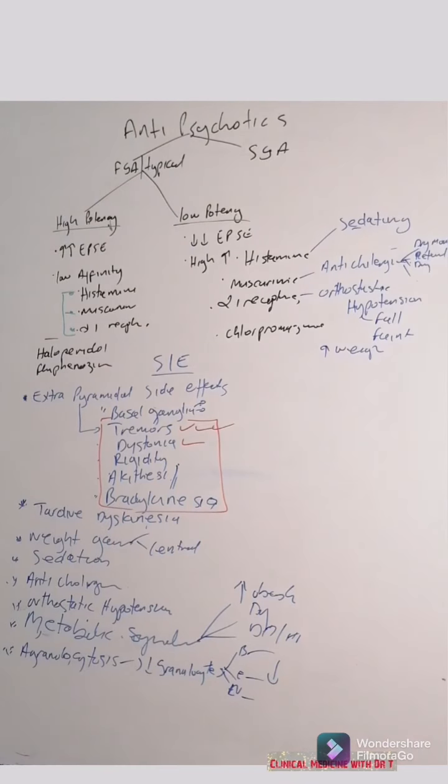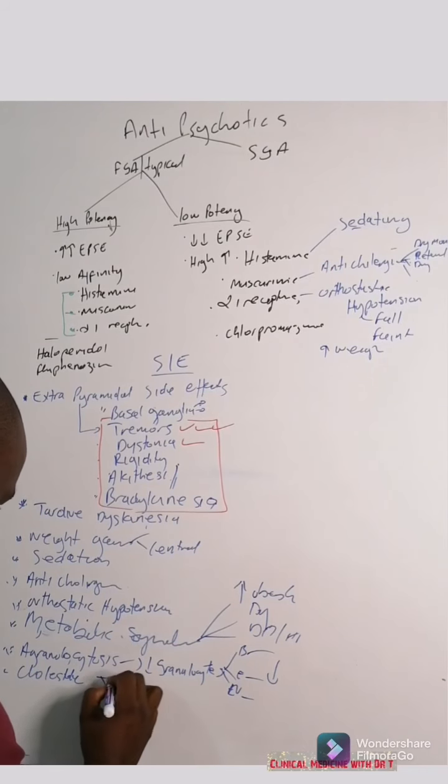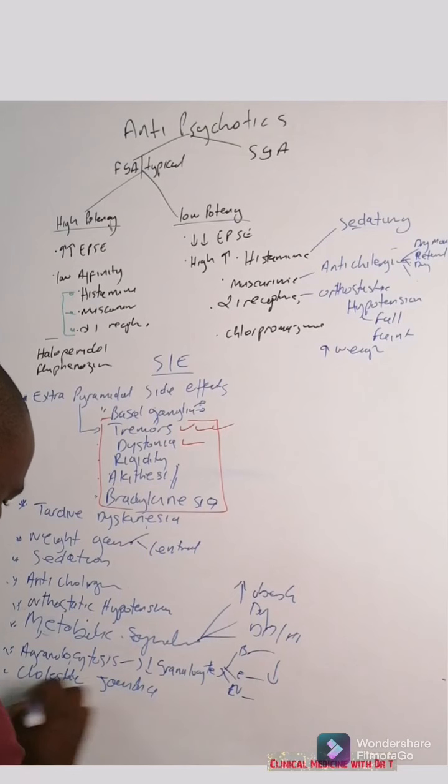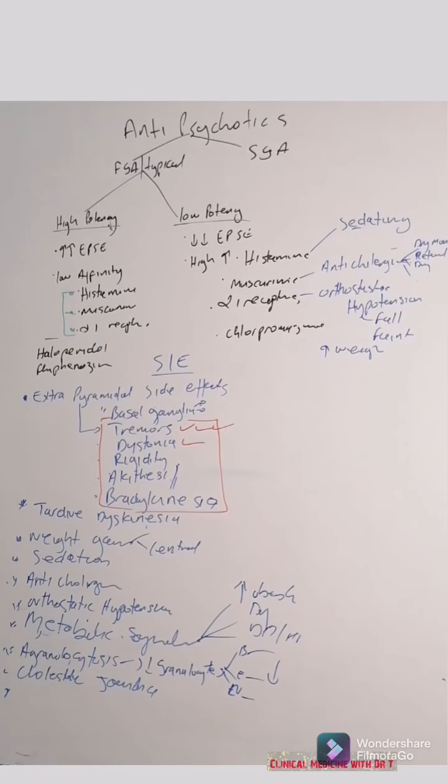Those are the things that metabolic syndrome incorporates. They also get what they call cholestatic jaundice. Not common, but some drugs do give it. You will really look smart in the exam when you start mentioning this.